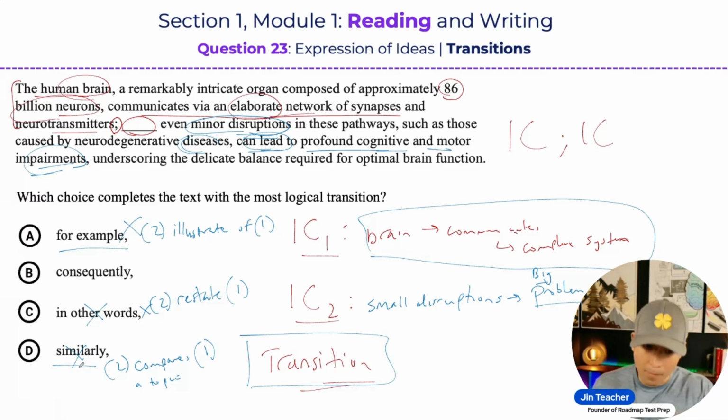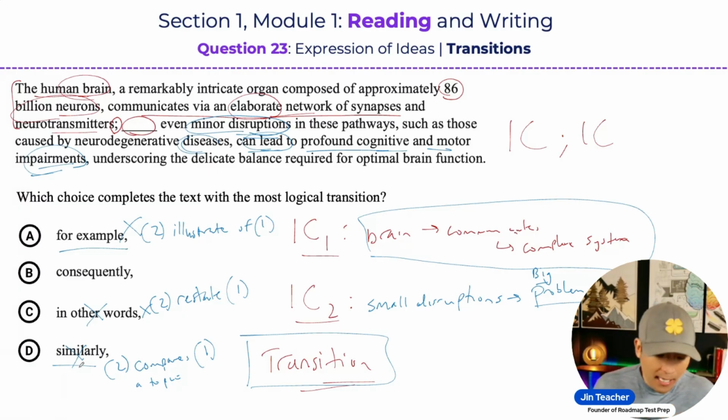Okay, so one of the ways to get to the correct answer, and this is an extremely powerful way, is to work systematically through transition questions, so you're able to see more clearly what the relationship between the sentences is not. You can see that the relationship is not an example, it's not a restatement, and it's not a comparison.